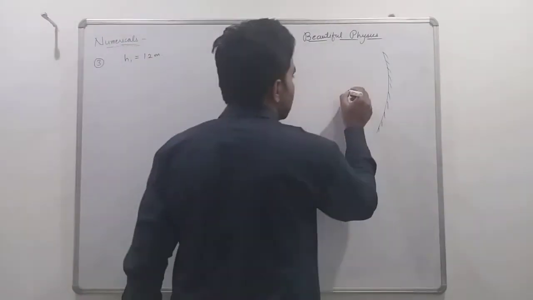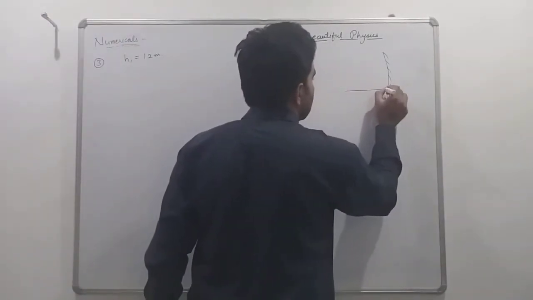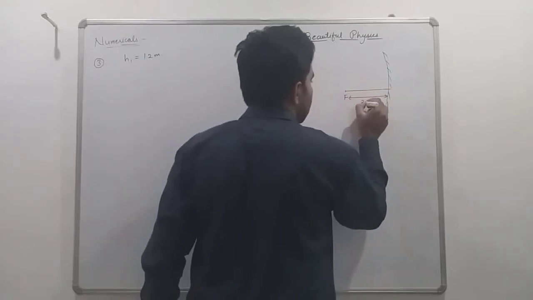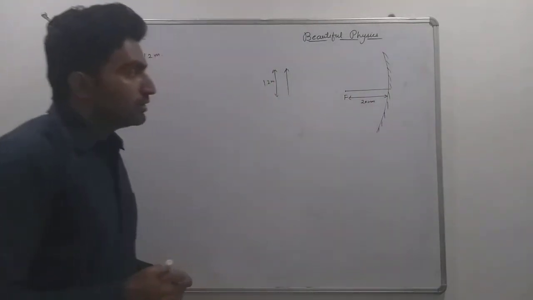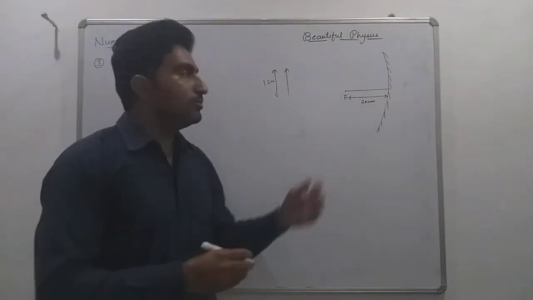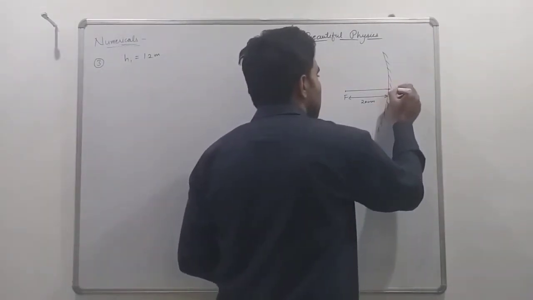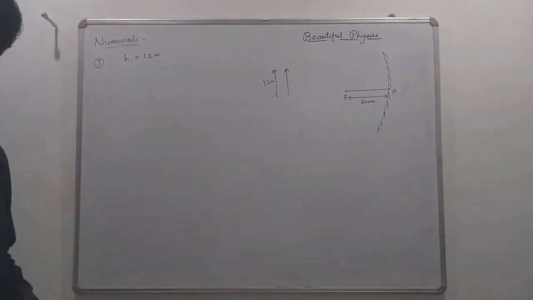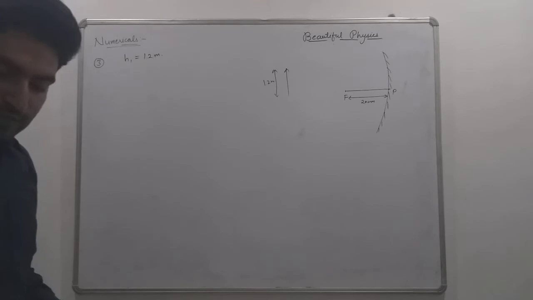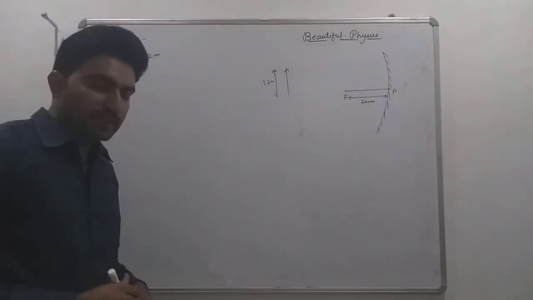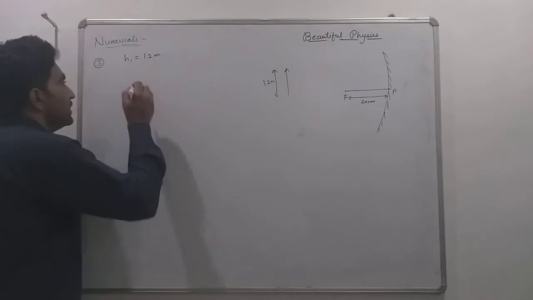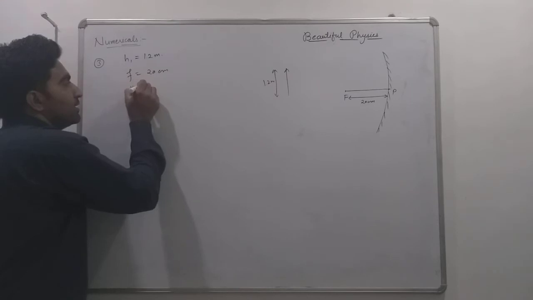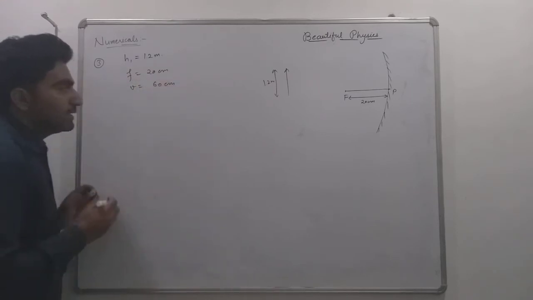Suppose this is the point of focus, and the focal length is given as 20 centimeter. The 20 centimeter is negative because the focal length of the concave mirror is always negative. With focal length 20 centimeter, the real image is formed at a distance of 60 centimeter.